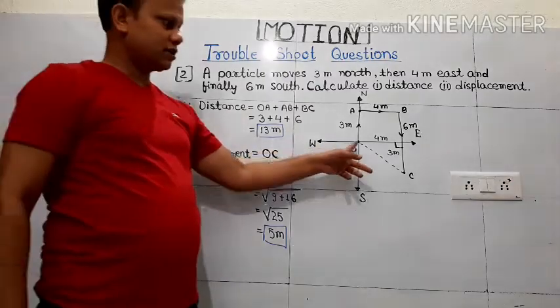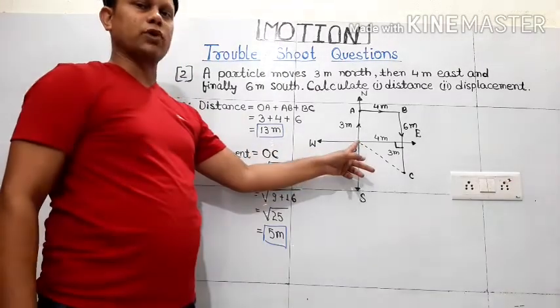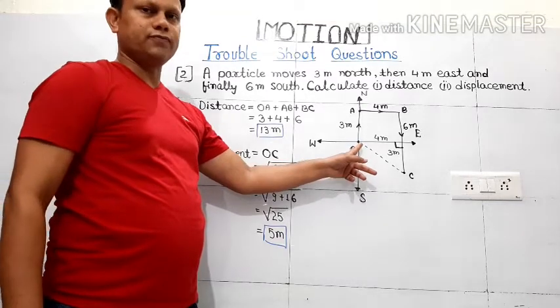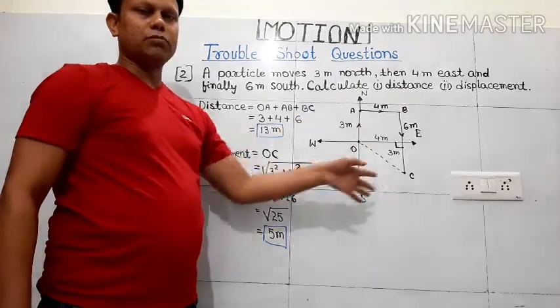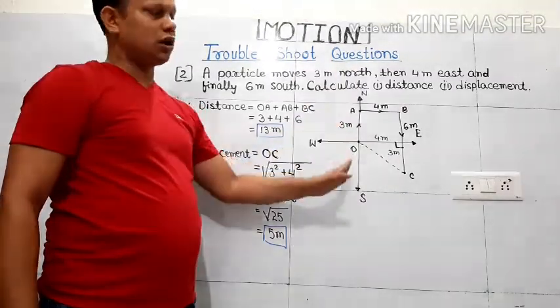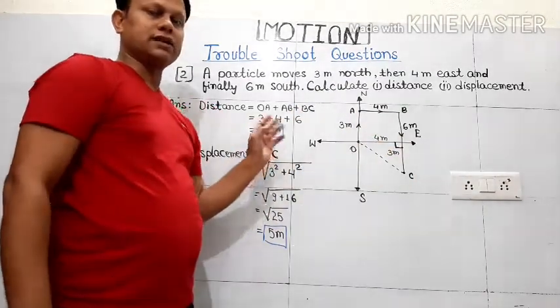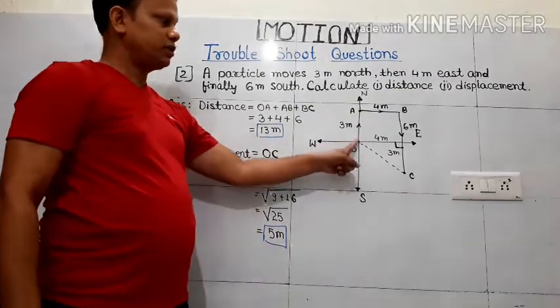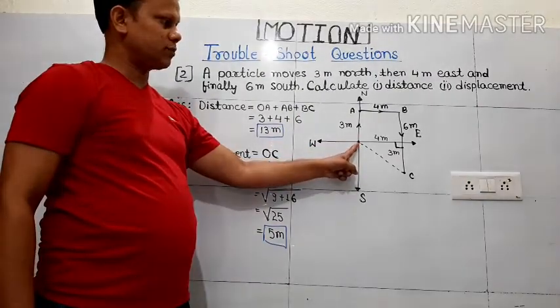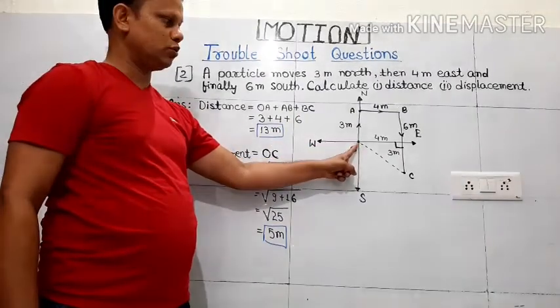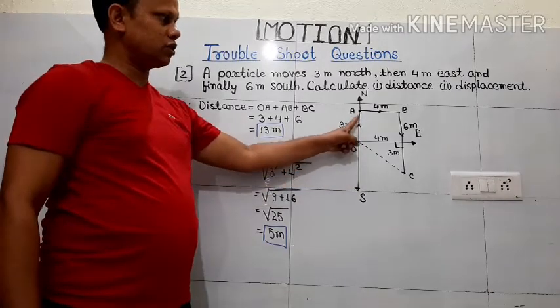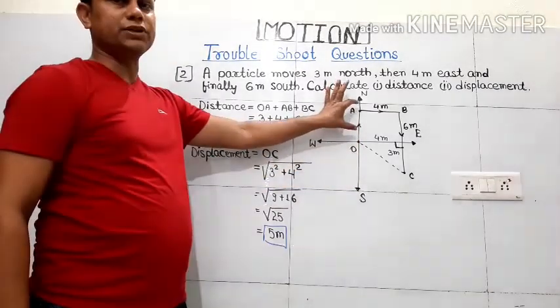So suppose I have taken this point as a starting point, as an origin. And according to the map work, on this wall we take north up, south down, east that side, west that side. So 3 meter north. Suppose starting from origin O, it is moving towards north, and it has traveled 3 meter.